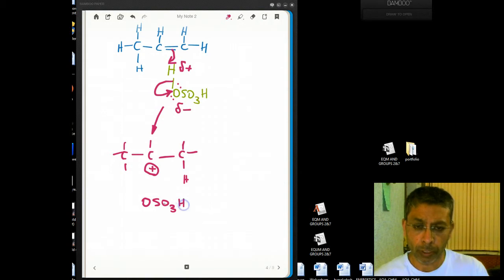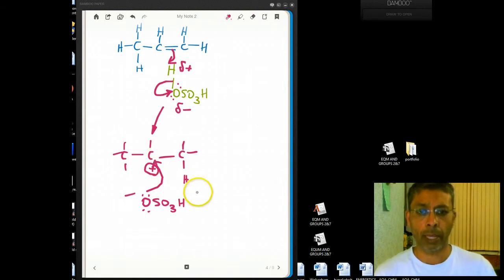And then the hydrogen sulfate anion will attack this carbon here. Notice where my arrow is coming from, the pair of electrons. Notice where it's pointing to, the carbon, so keep that as accurate as you can.